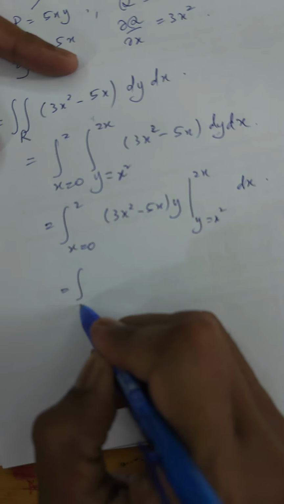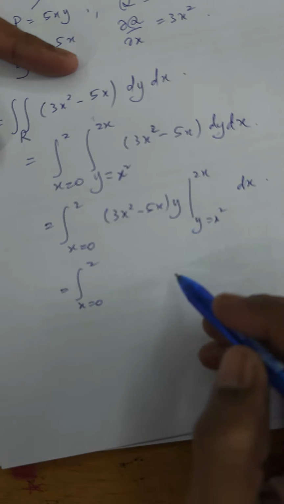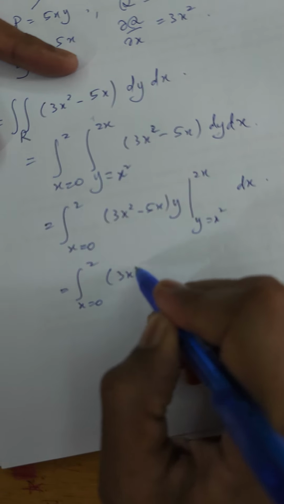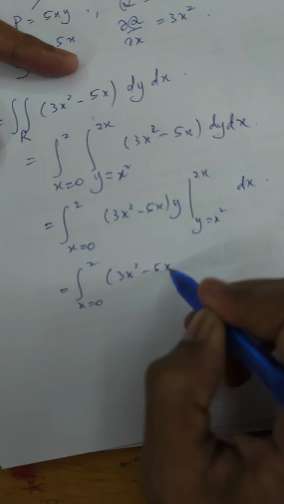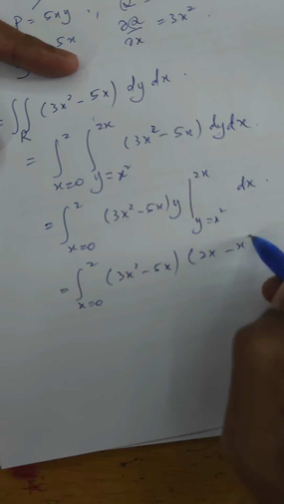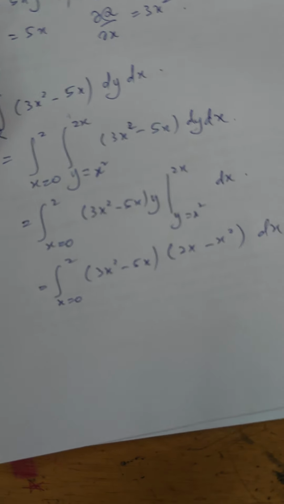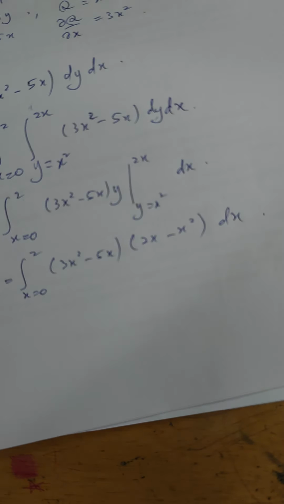Then just substitute everything, so we have 3x squared minus 5x times (2x minus x squared) dx.